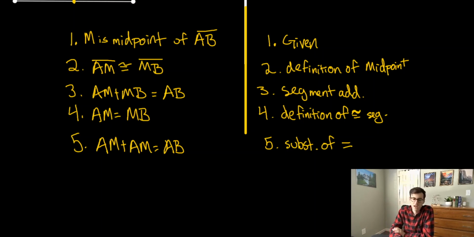Now this next step, 2AM equals AB, we don't really have something for it. If you ever have to do something like that, we would just say combine like terms.